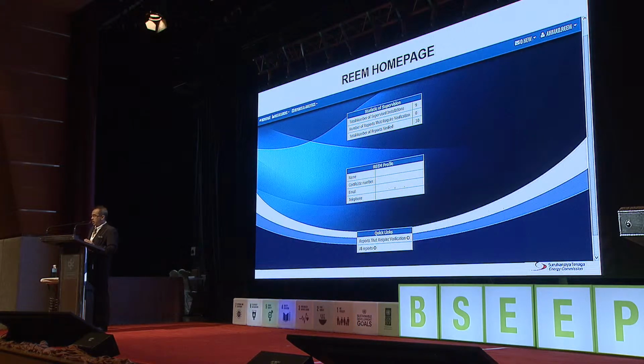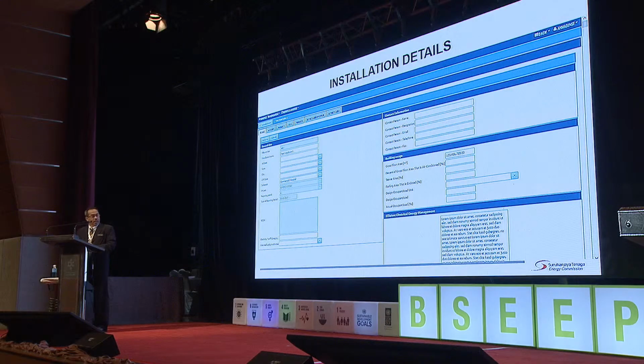On the registered energy efficient energy managers' homepage, they have to monitor the installations under their purview, so they have to go through one by one and make sure that the report submitted to the Energy Commission is an endorsed report with the verification report. And this is the detail page where the installation owner has to fill up all the things.